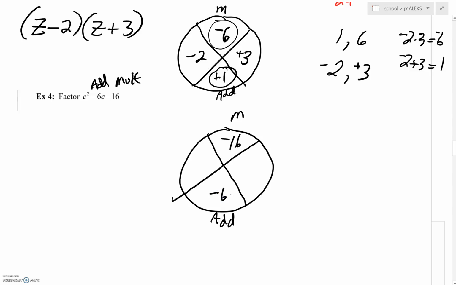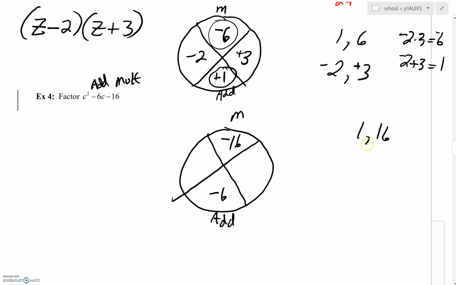I've got to multiply to something negative, and I have to add to something negative. So let's see if we can come up with all the different ways we can multiply to 16. What are some of the pairings?